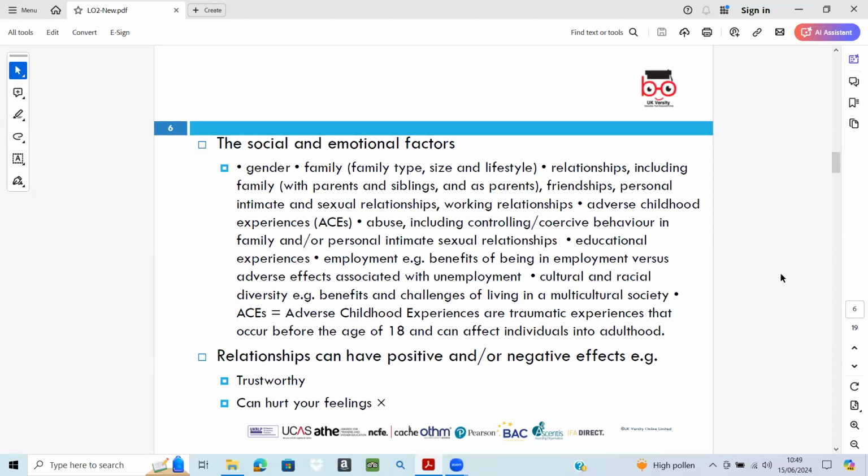We have already discussed the positive and negative effects. So in conclusion, we can say that understanding the social and emotional factors affects growth and development, and most of these factors shape our experiences, opportunities, and personal growth in many ways. So now we'll move to the next slide.